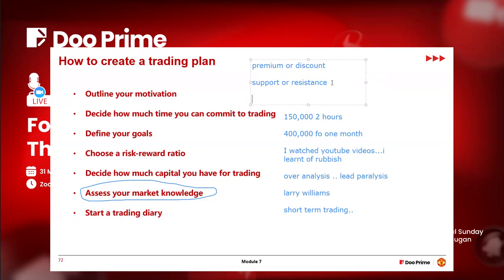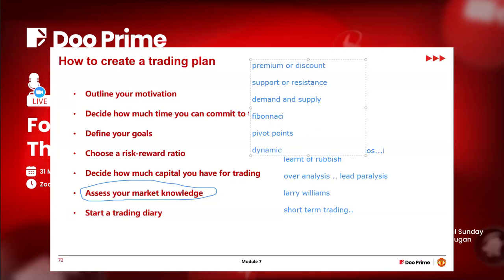We have demand and supply levels. And we have Fibonacci levels. We have pivot points. I think there are some other things we get. Okay, dynamic support and resistance.